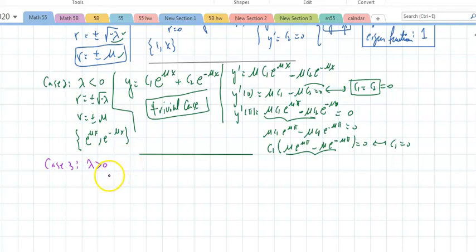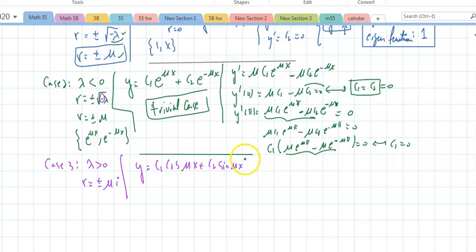Well, if lambda is positive, that indicates that r equals plus or minus mu, and there's an i, because the i will come out of the negative because that's a positive. And in this case, what I'm really looking for is y equal c sub 1 the cosine of mu x plus c sub 2 the sine of mu x.